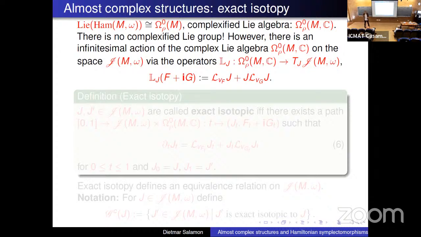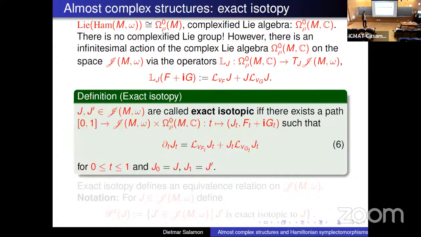And that leads to a definition of a complexified group orbit. And the suggestion would be to call two almost complex structures exact isotopic if they are related by a path that is tangent to this infinitesimal action at each point t.